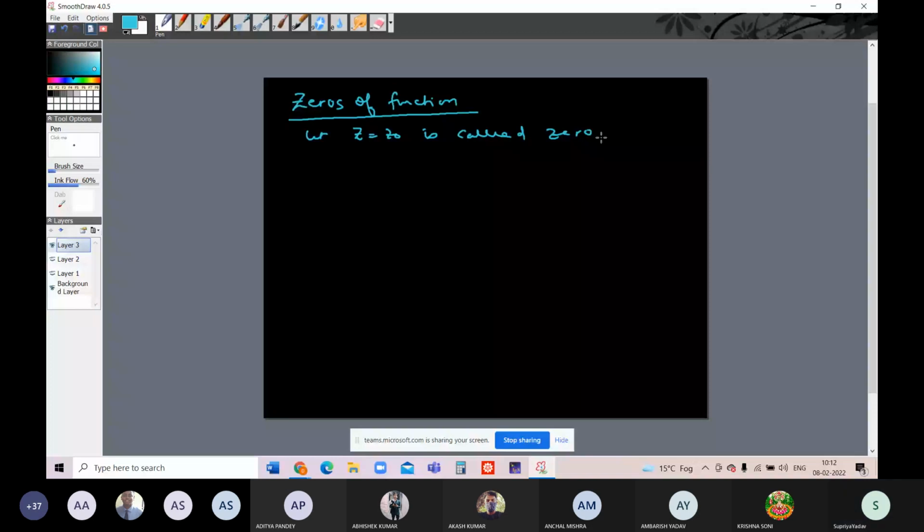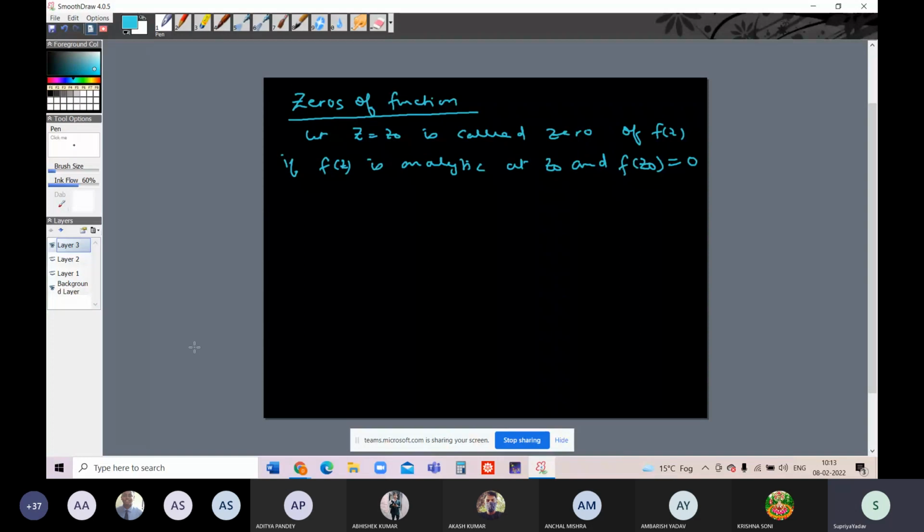if f(z) is analytic at z = z0, and also its value at this point is 0. If the value of the function at z0 is 0, then z0 is called a zero of the function f(z).